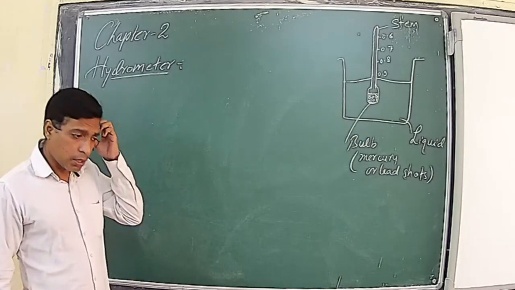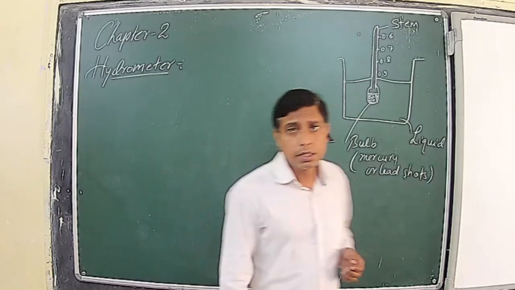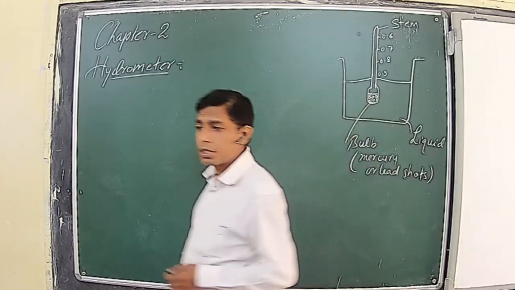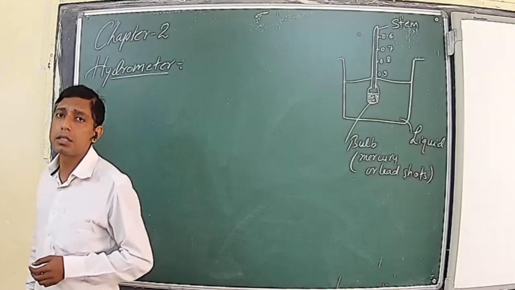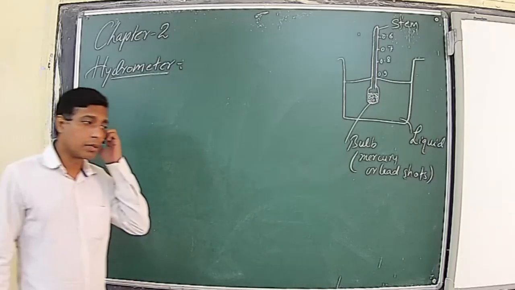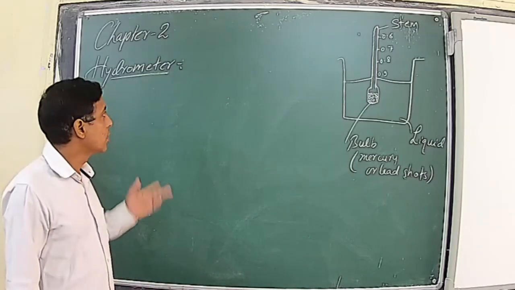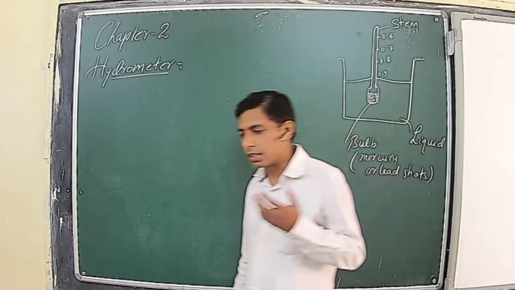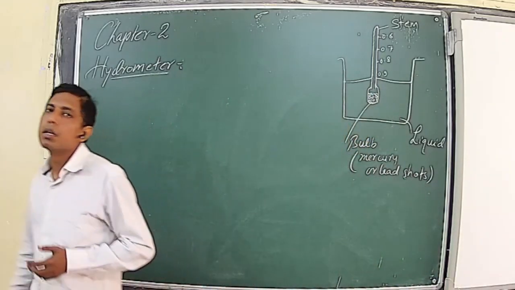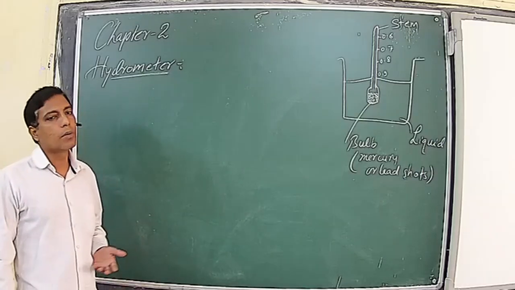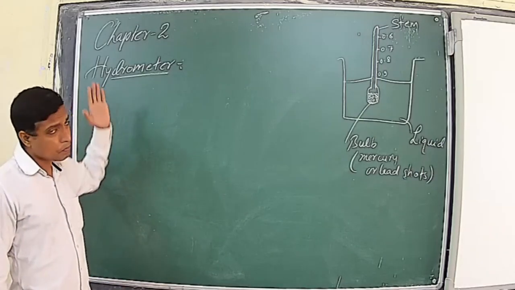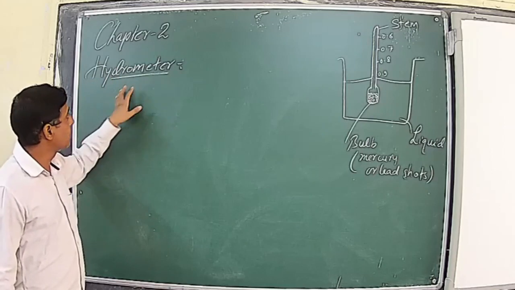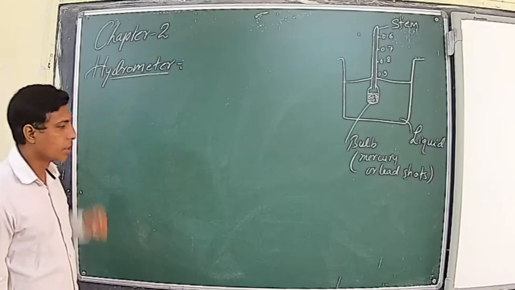Then we have also learned what relative density is and how it is used to compare the densities of different substances with reference to the density of water. Then, how to find the relative density of any unknown substance, especially a liquid, by using a relative density bottle. Now today we are going to discuss one more instrument that is called a hydrometer.